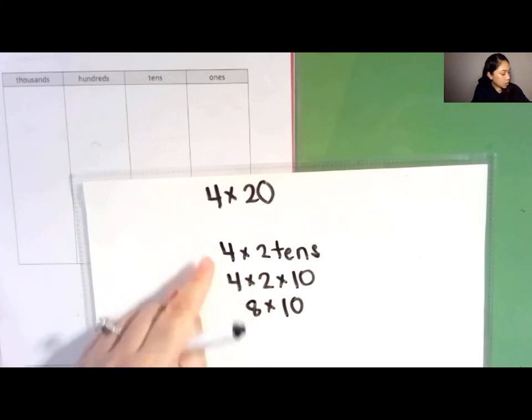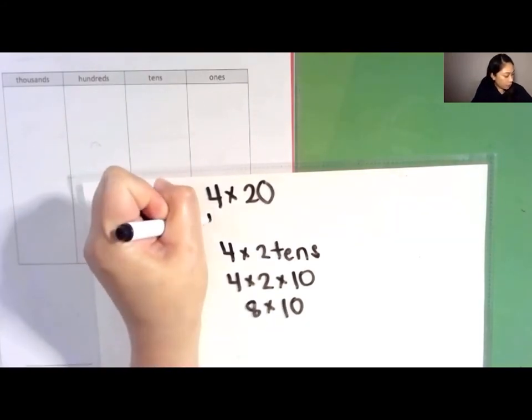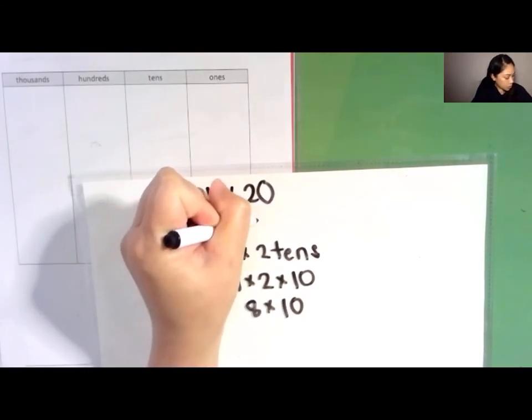Out of these 3 different ways that we can express 4 times 20, which is most helpful to you? The one that you choose, it's really going to vary from student to student. I just want you to keep in mind that whenever we're multiplying by multiples of 10, we can always decompose out a factor in order to help us solve. So in this case, I can think of 4 times 2 times 10.